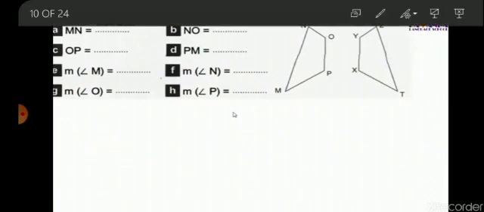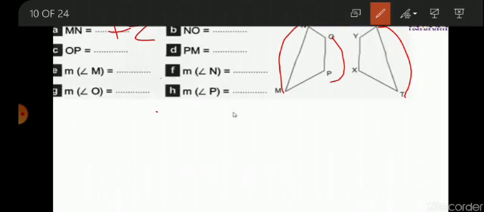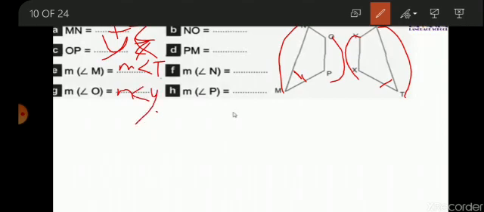MN equals TZ, excellent. OP, from O to P, so from Y to X, in the same arrangement. Now the measure of angle M. See with me, angle M equals the measure of angle T, excellent. The measure of angle O equals the measure of angle Y, and so on.